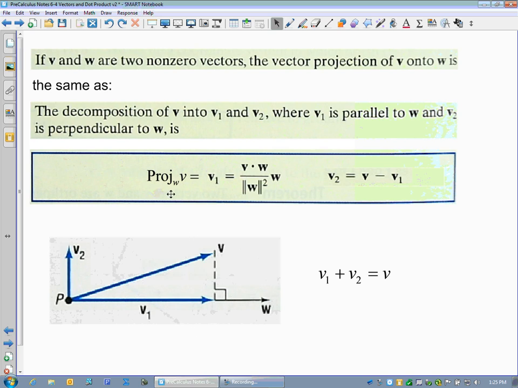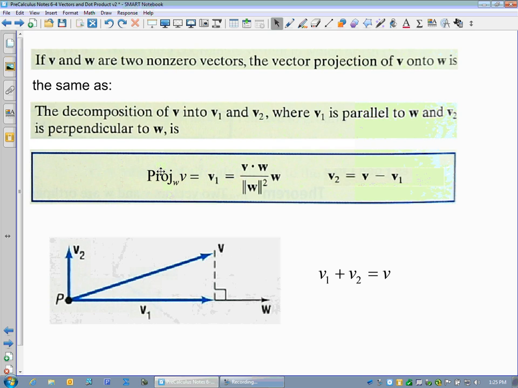Now a little bit about the notation here. Some people get these two letters backwards. The idea here is we're projecting v onto w, so it's a projection of v. When we think of an argument of a function, like for sine or cosine, you're taking the sine of the angle or cosine of the angle, and what you're taking it of, that's your argument.